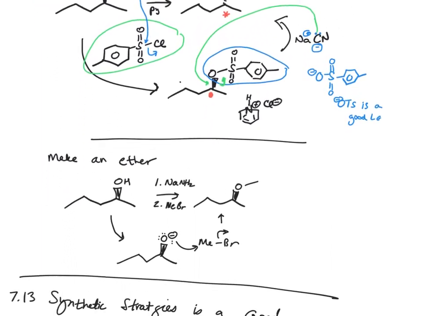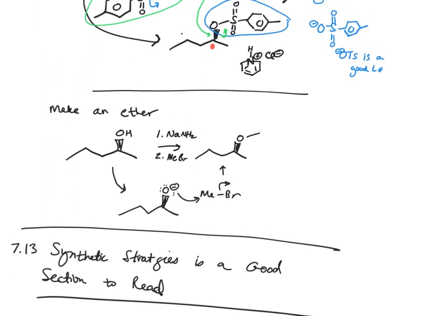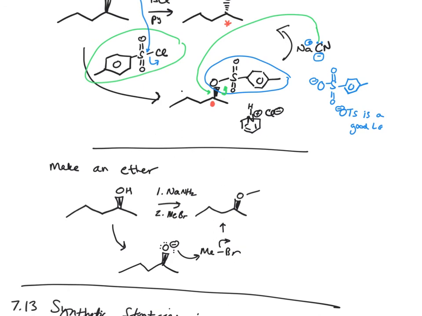We can turn alcohols into other things. For example, we can make an ether. We can take a base like sodium amide. That's two lone pairs on that nitrogen.